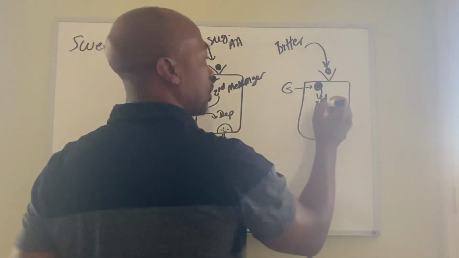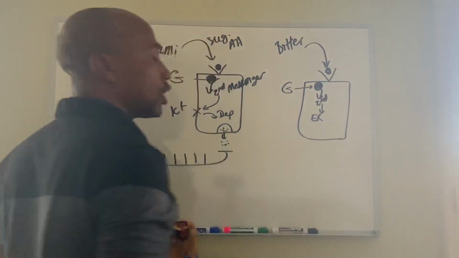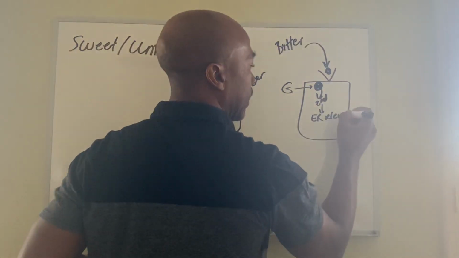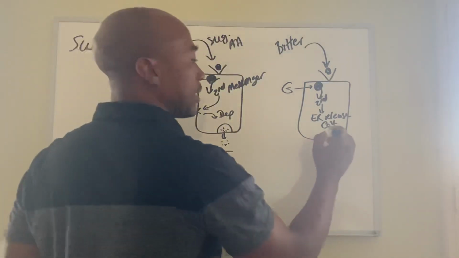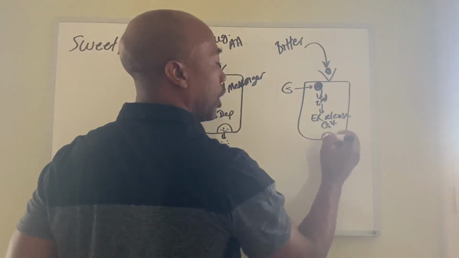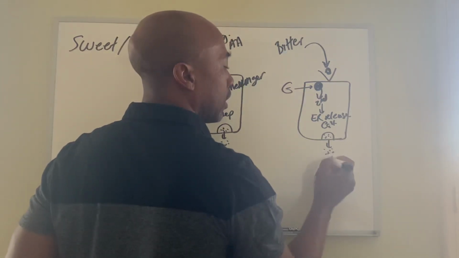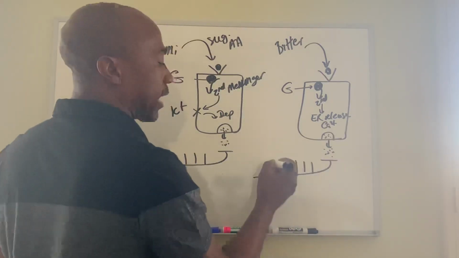That second messenger in turn will cause the ER, your endoplasmic reticulum, to release calcium. And then that calcium in turn will trigger the release of NTs to again generate an action potential in the taste nerve.